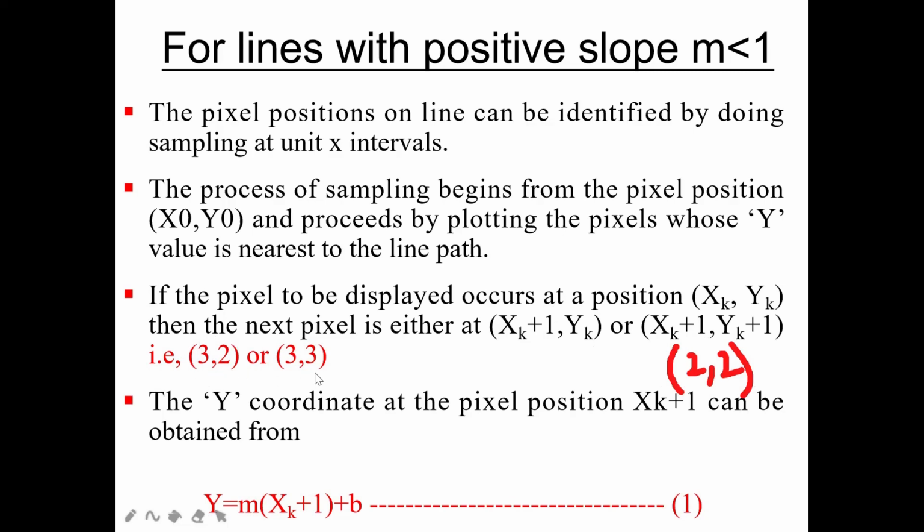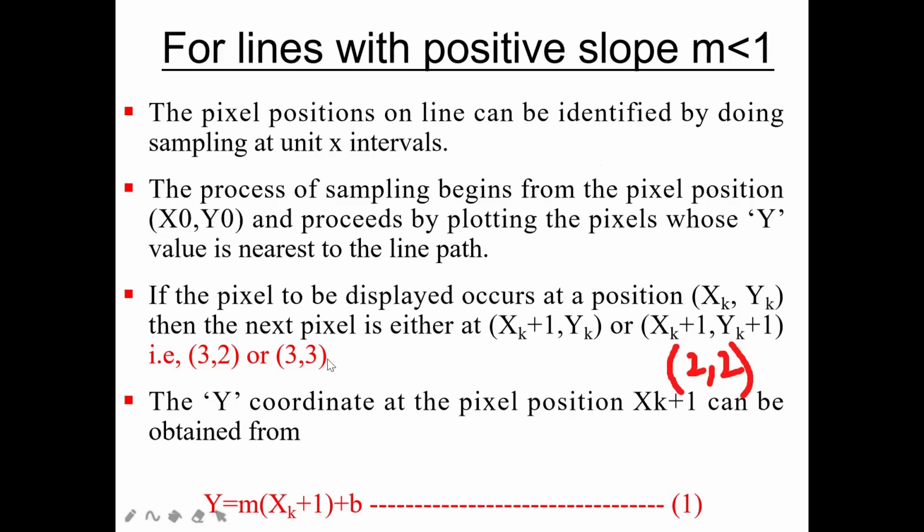And what about the other pixel value that can come from the algorithm? In that case both x and y increment by 1. So from 2 it can go to 3, and from the other 2 it can go to 3. Now you have these two candidate values for the next pixel point.